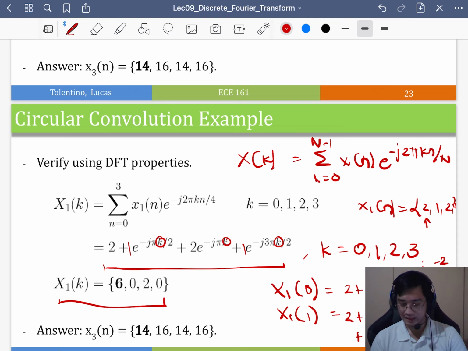And this one is equal to positive j. So in essence, this one cancels each other, and this is 2 minus 2. We have 0.